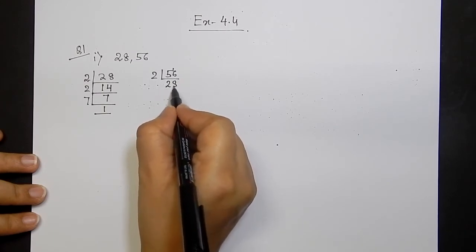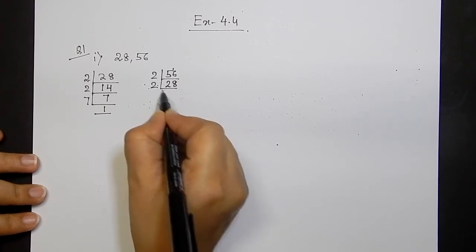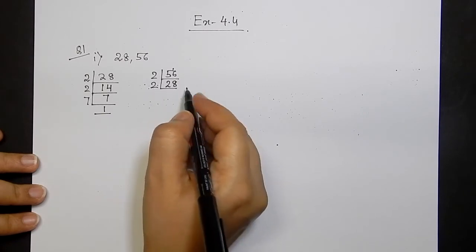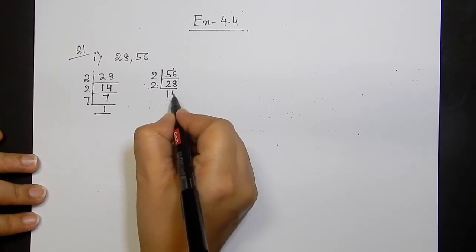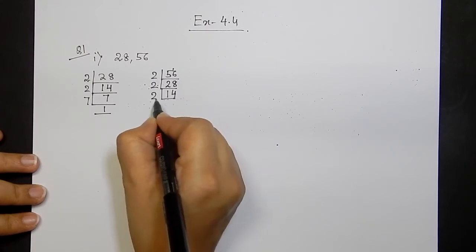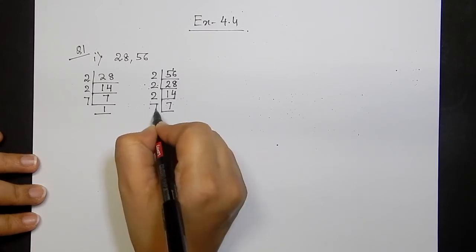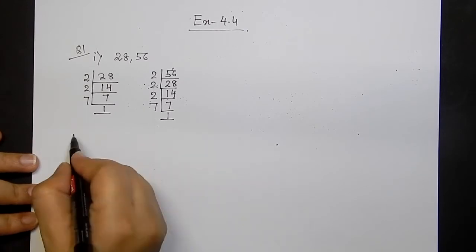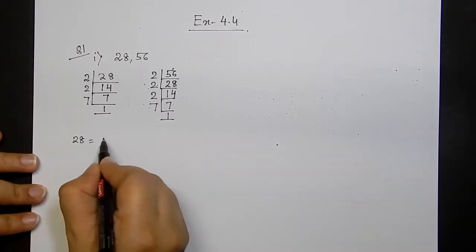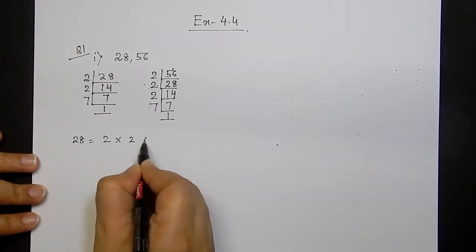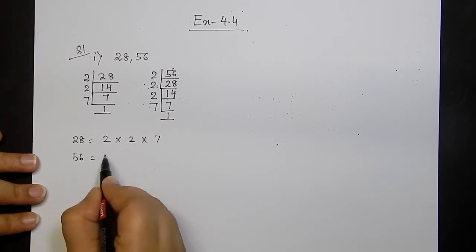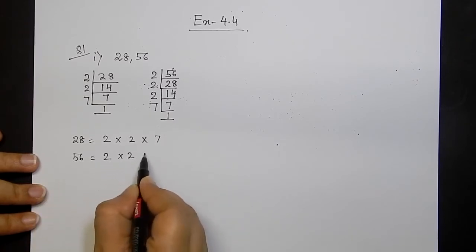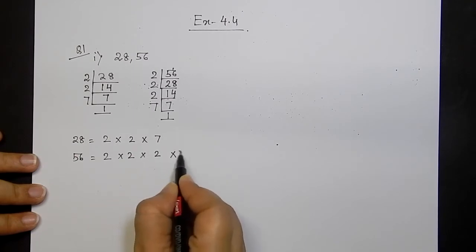If it is not divisible, then we will not use that prime number. 2 28s are 56, 2 14s are 28, 2 7s are 14, 7 1s are 7. So we will write it in this way, and 56 can be written as 2 into 2 into 2 into 7.